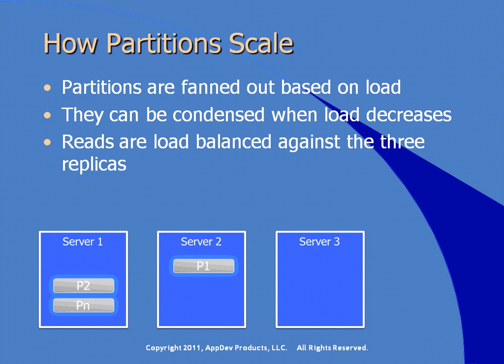And then let's say down the line, partition 2 becomes a hot partition. Windows Azure will move that to a whole other server, in this case server 3, to scale out and increase performance. Then over time, as Windows Azure determines that the load has decreased, it will move those partitions back to server 1.